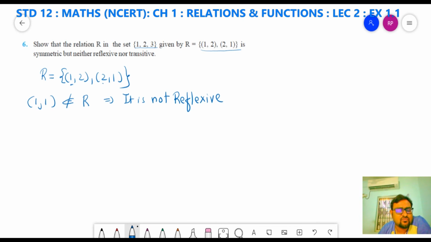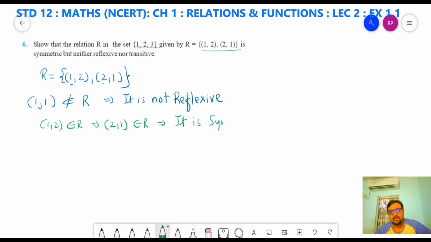For symmetric, (a, b) belongs to R implies (b, a) belongs to R. Here I can see that (1, 2) belongs to R, and this implies that (2, 1) also belongs to R. (1, 3) is not belonging to R, so we need not find out whether (3, 1) belongs to R. For symmetry, we only need to see that when the first ordered pair belongs to R, then its opposite ordered pair must be belonging to R. So this implies that it is symmetric.